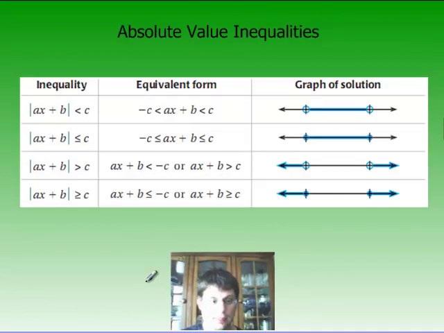Okay, so there's a pattern to this. If you graph them over and over again, you'll notice that any inequality that is either less than or equal to, you're going to have an AND statement, like so. And as you remember, AND statements are graphed similar to a line segment.